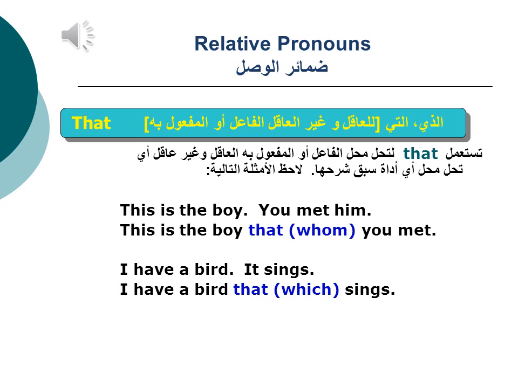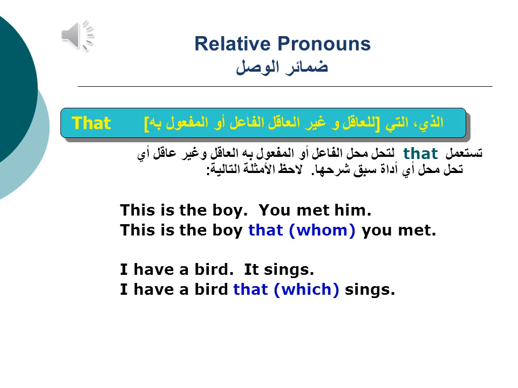This is the boy that you met. And we can say this is the boy whom you met, but it sounds a bit formal. Notice here that the relative pronoun can be left out because it refers to the object. So we can say, this is the boy you met.